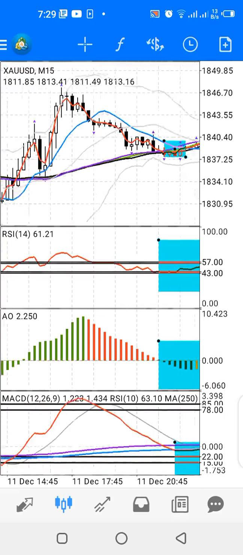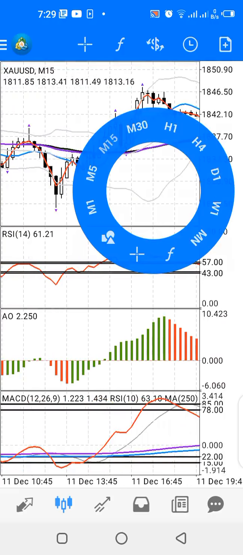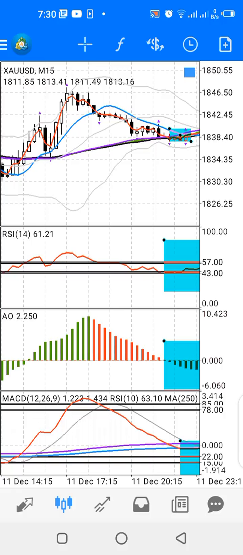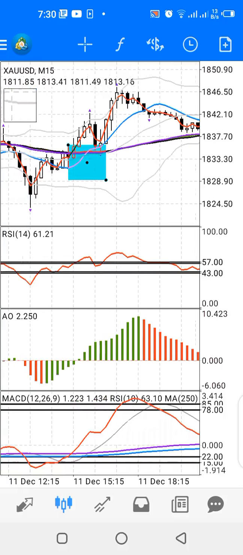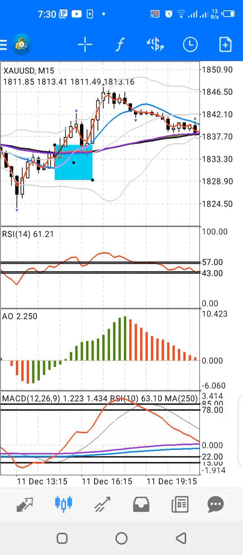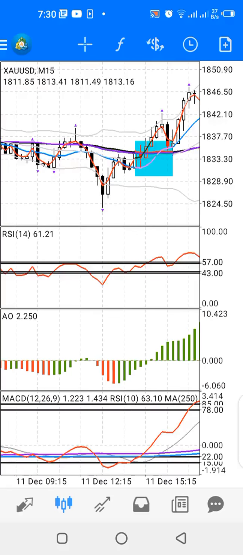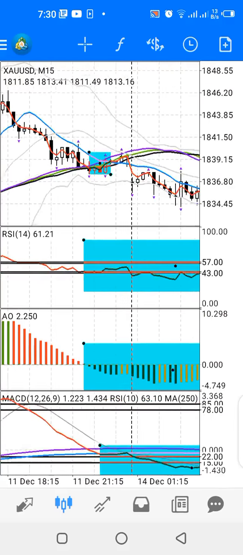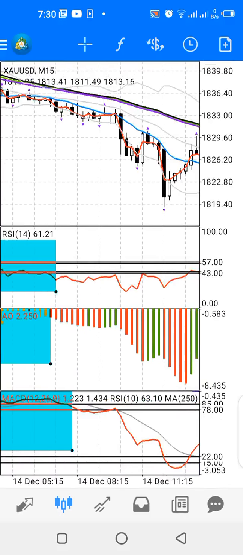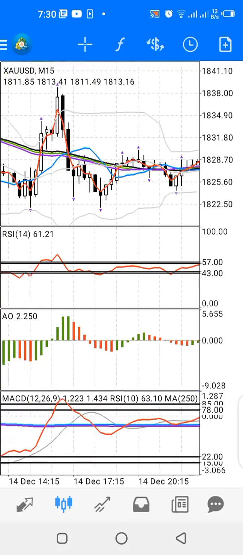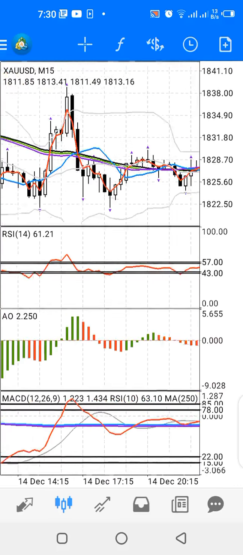Conversely, when they cross up, like you have a cross up around here and around here, that's a buy signal. That's basically how to use the indicators on the main window.